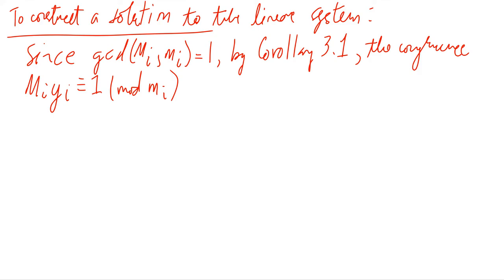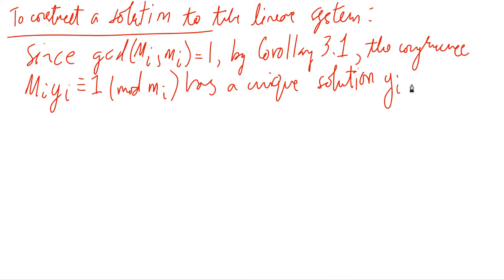With that, this congruence here has a unique solution, that's y sub i, which is in fact the inverse of big M sub i modulo small m sub i.